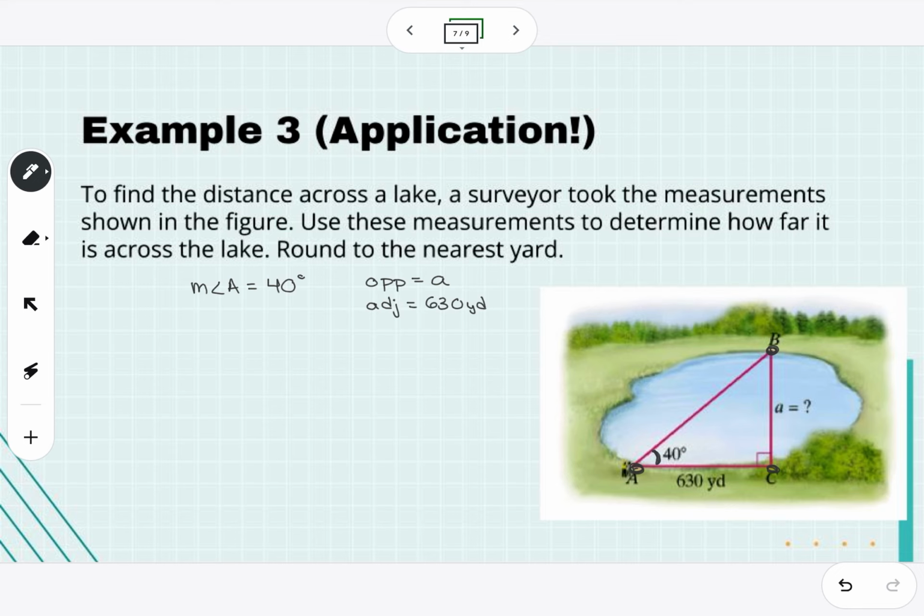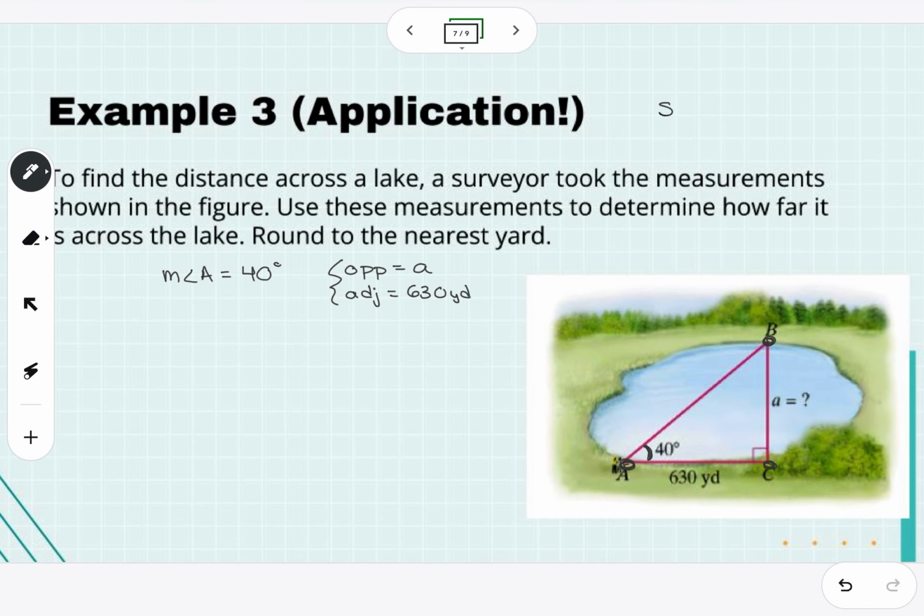Which trig ratio deals with opposite and adjacent? Think SOH is opposite over hypotenuse, CAH is adjacent over hypotenuse, and TOA, I'll write it out here again, TOA, tan is opposite over adjacent. So I can write this trig ratio: tan of 40 degrees equals opposite A over adjacent 630.